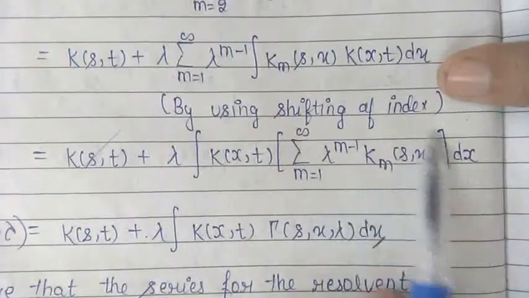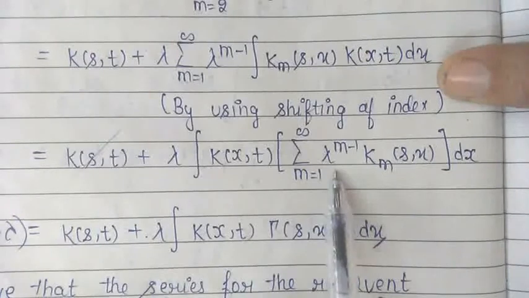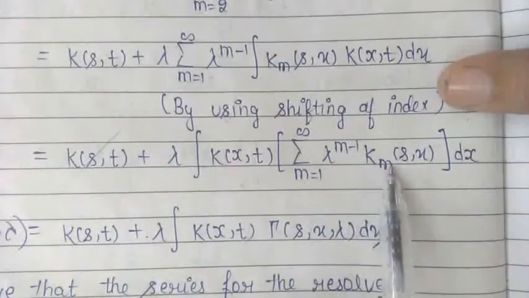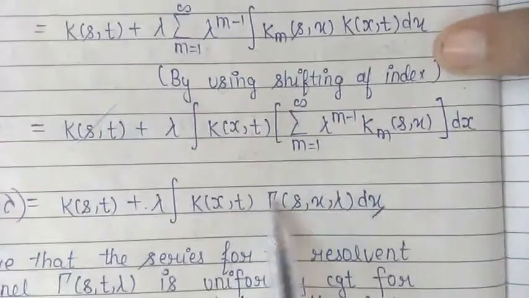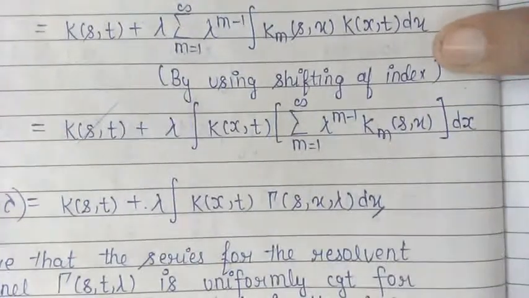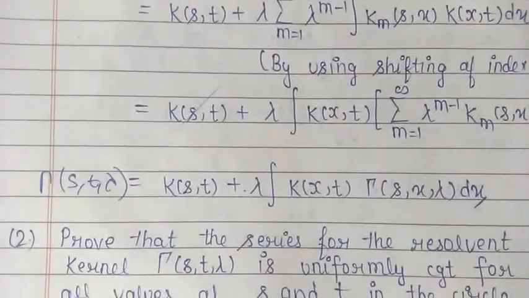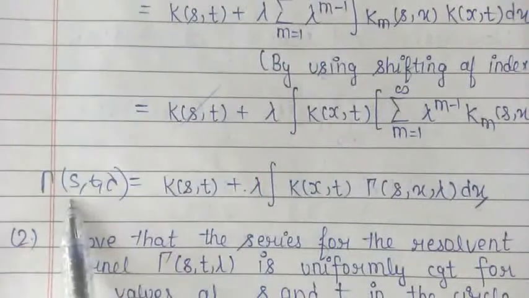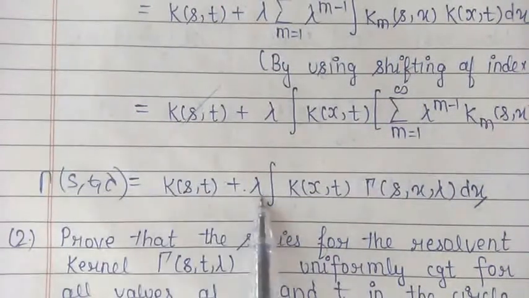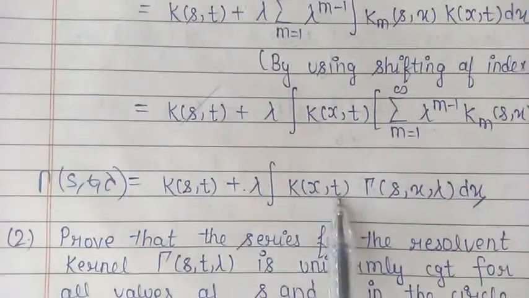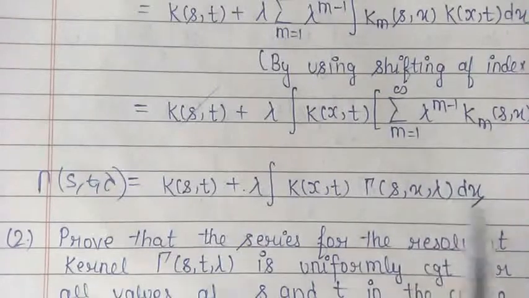Now this quantity which is inside the brackets is again the value of the resolvent kernel Γ. So we can replace this expression by Γ(s,x;λ). So we have proved the property that the resolvent kernel Γ satisfies the integral equation Γ(s,t;λ) is equal to K(s,t) plus λ integral K(x,t) into Γ(s,x;λ) dx.